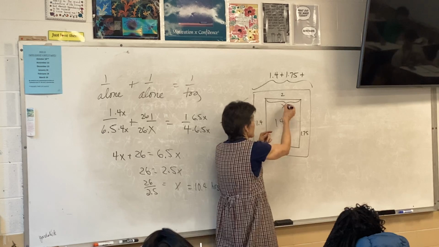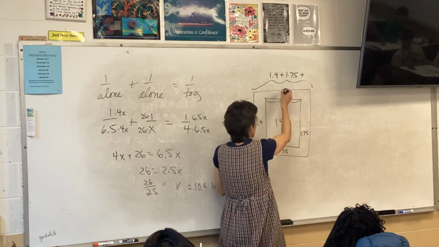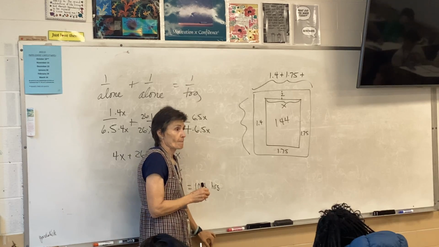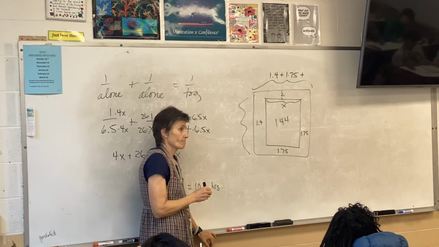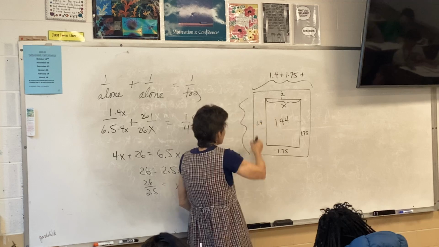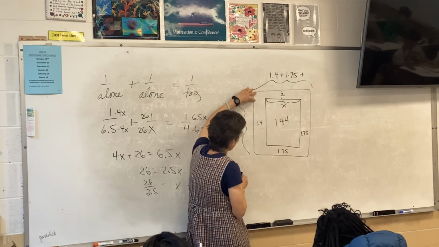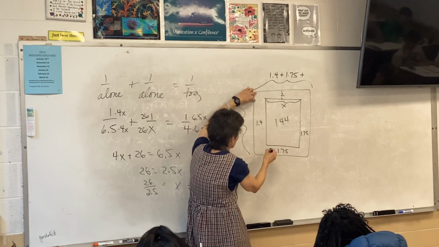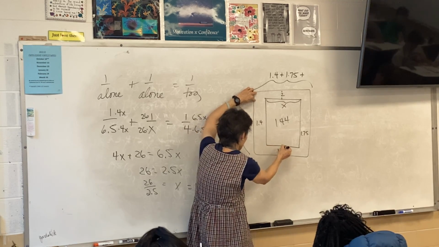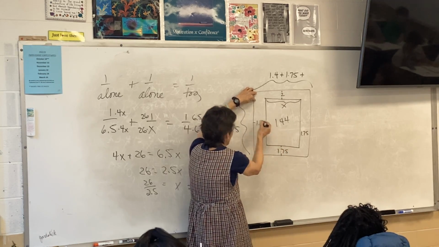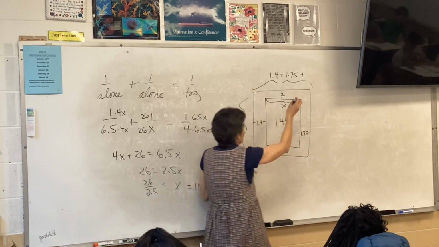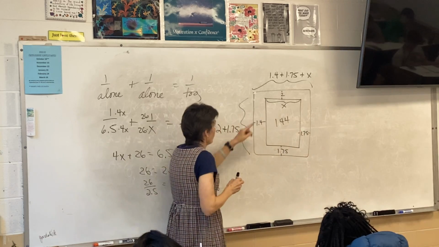I'm gonna call it X. 2 is this up here. This is 2, the margin at the top. Now, this is the 2 at the top and the 1.75 here. It should have gone like this, so make sure you understood that. What's this?